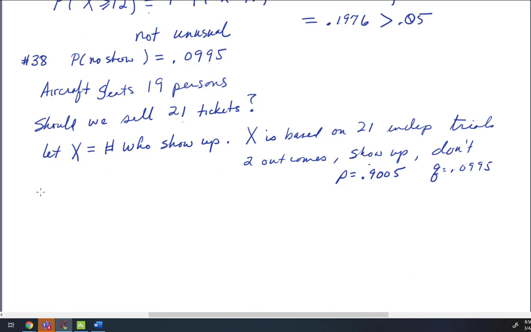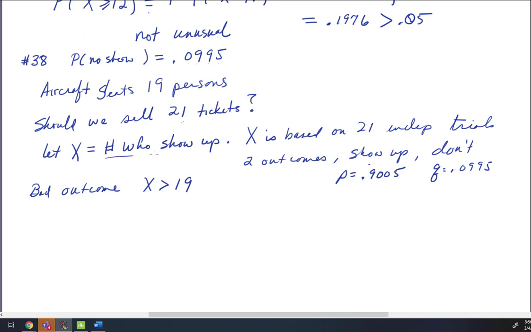Now, when is the airline in trouble? Well, it's going to be a bad outcome for both the airline and for the person that holds a ticket if X is greater than 19.